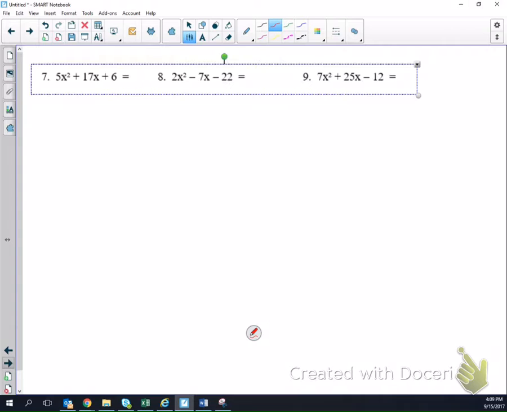Okay, so now we're going to factor these ones. It's a plus. Both need to be the same. That one's a plus, so they're both going to be add. Factors of 6 are going to be 2 and 3, 1 and 6. I am going to multiply one of them by 5, because 5 is prime, so it's the only possibility we're looking at right now.